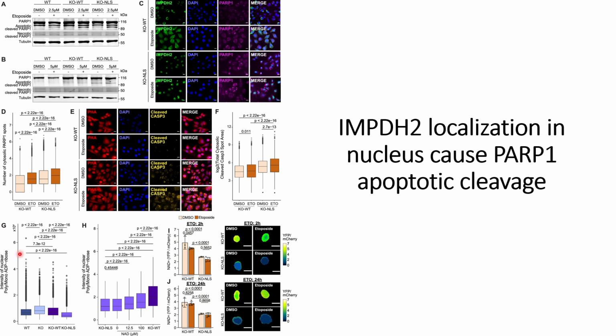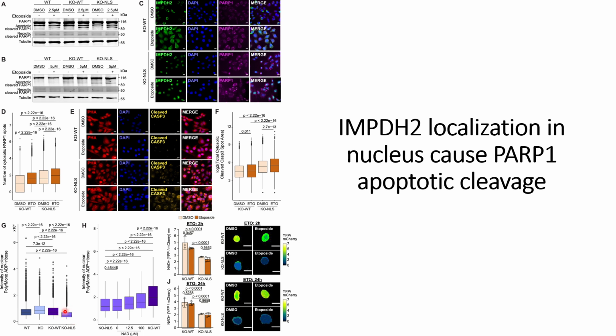They first checked the polymono adenosine diphosphate ribose amount in the nucleus, and they were able to see that this amount goes down in the knockout cells that are supplemented with the NLS.